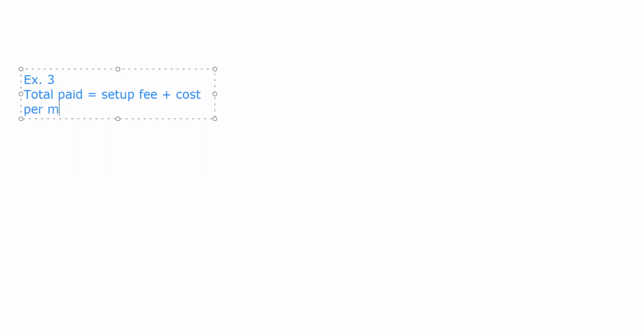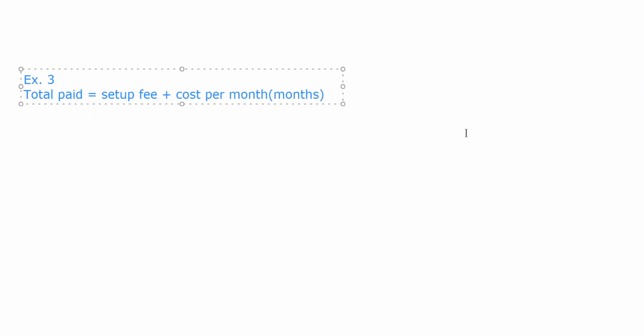The total paid is going to be equal to the setup fee plus the cost per month multiplied by the number of months. We have something like this.